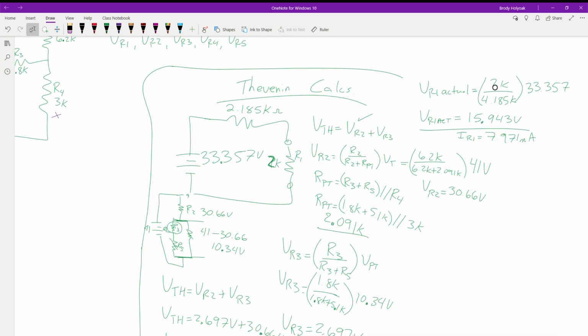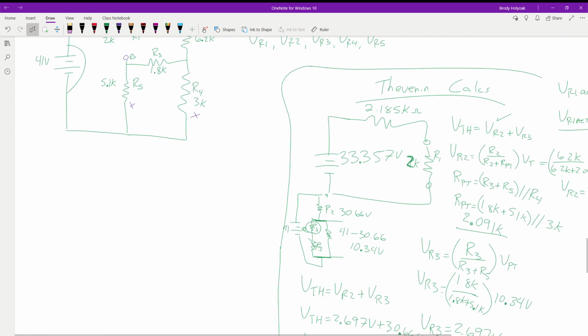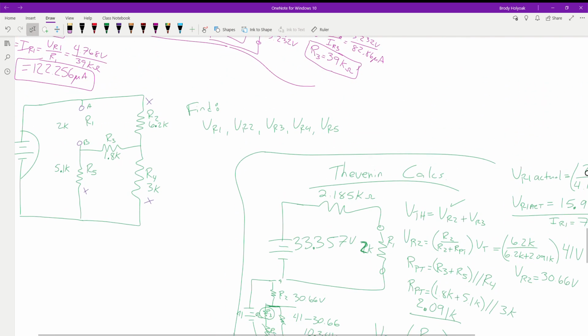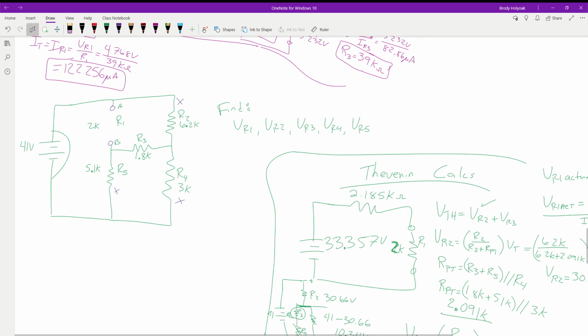Okay, so we end up with VR1 is equal to 15.943 volts. IR1 is equal to 7.971 milliamps. Now, we're done with Thevenin. We come back to our main circuit.